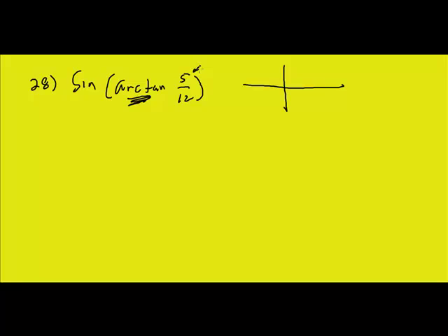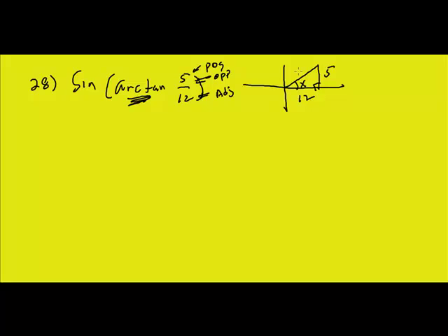But this is positive, so it exists over here, so I'm going to draw a right triangle. I'll call that angle X. They're telling me these are the sides of a right triangle. This is the opposite and this is the adjacent, because that's what tangent is. So I'll put 5 here and 12 there.